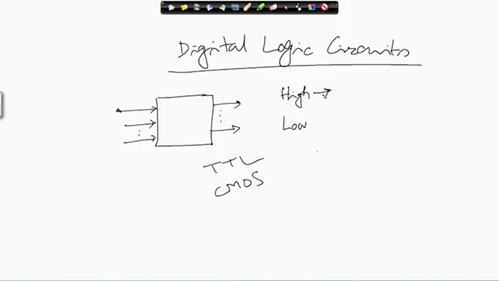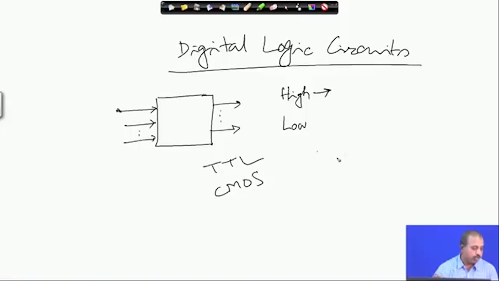In case of TTL, logic high is taken to be anything greater than 2.4 volt, and anything that is less than 0.5 volt is taken as logic low.